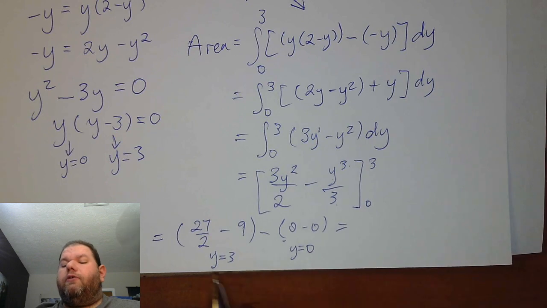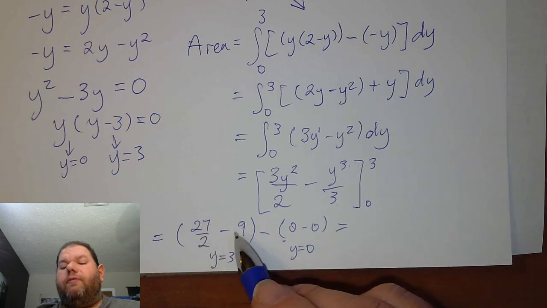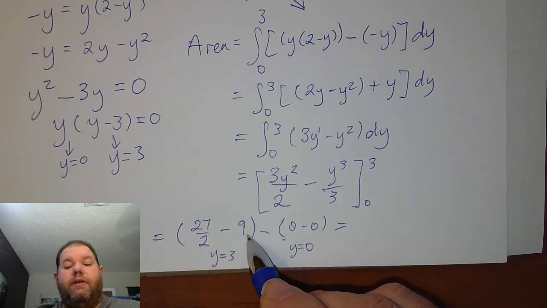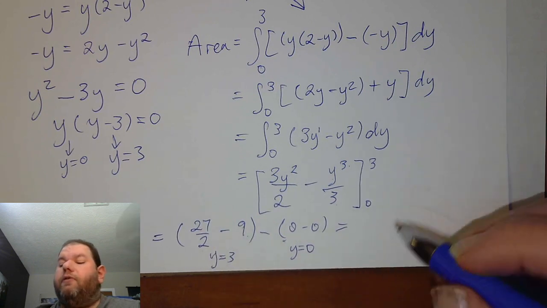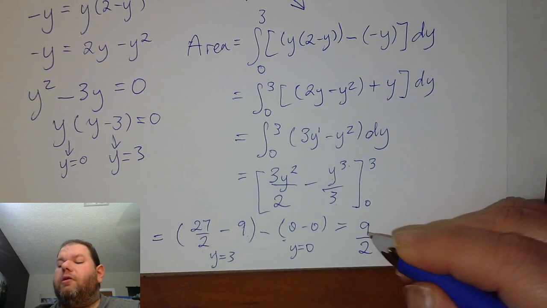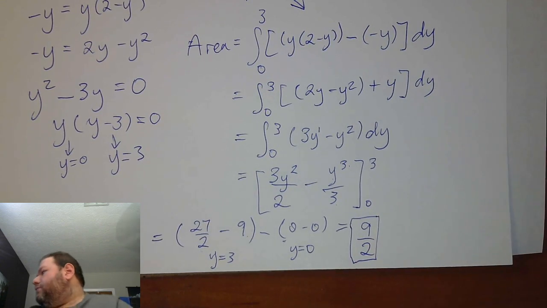Okay, so we basically end up with 27 over 2 minus 9. So this would be 27 minus, and this 2 times 9 is 18. So 27 minus 18 is 9 over 2. And so that will be the area of that particular figure.